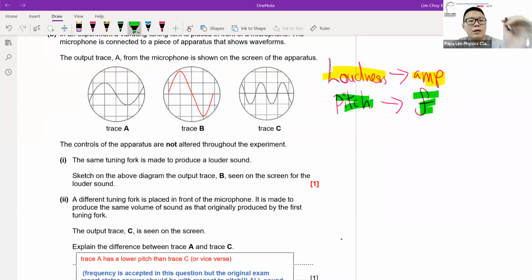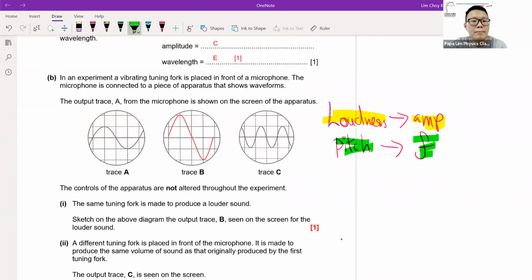Based on the question, part B1 says a louder sound. Louder sound only. When you talk about louder sound, like I mentioned before, this refers to the amplitude of the object increasing. That's all. There's no mention of frequency, so I will safely say the frequency remains the same.